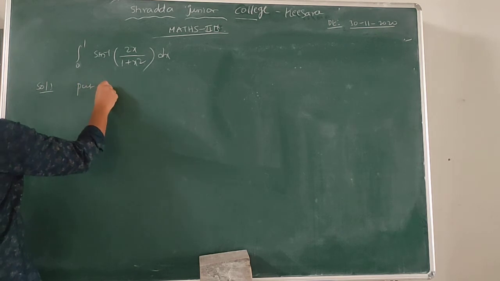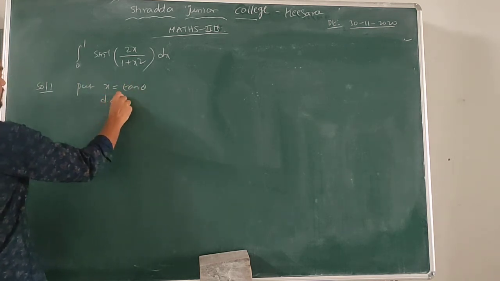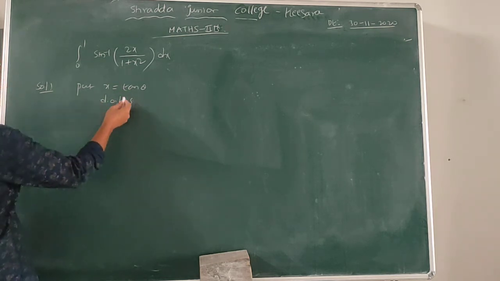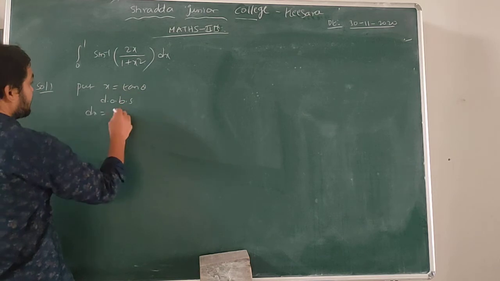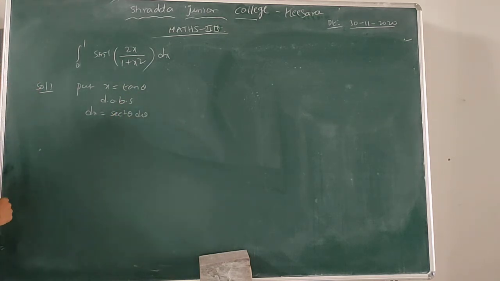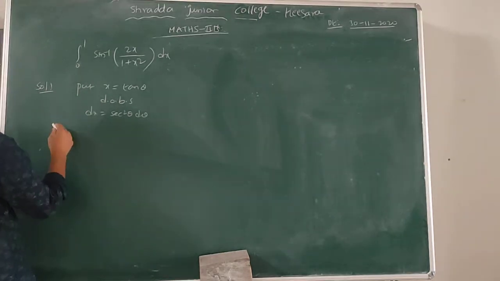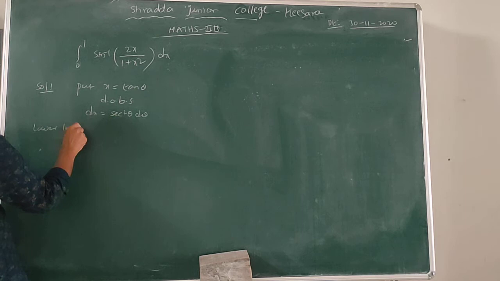See here, put x equals to tan theta, then differentiating on both sides, dx equals secant square theta d theta. Now what is the lower limit?